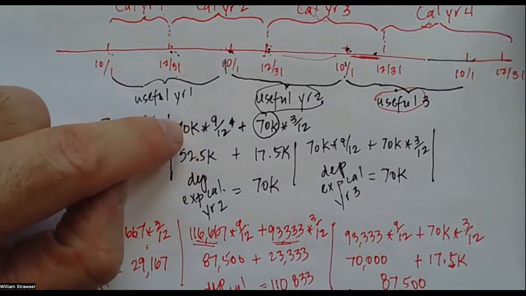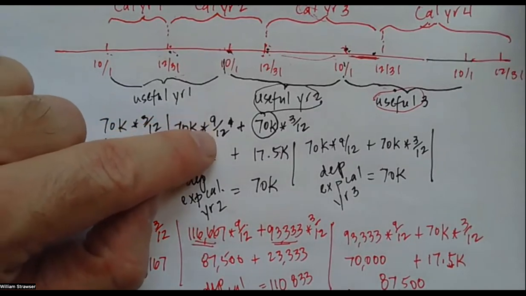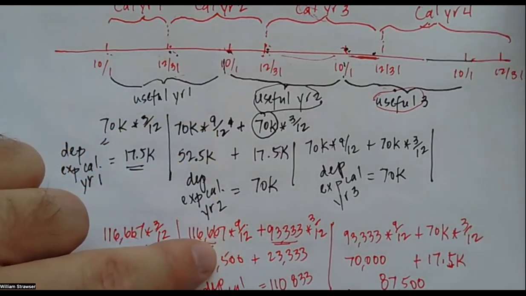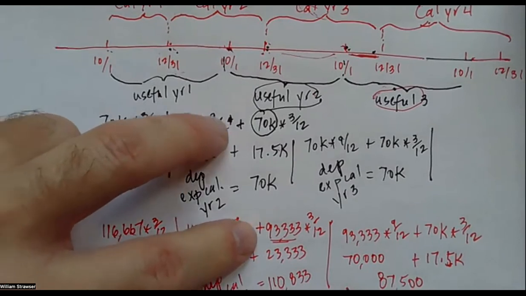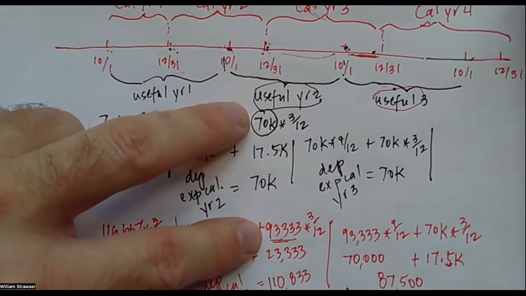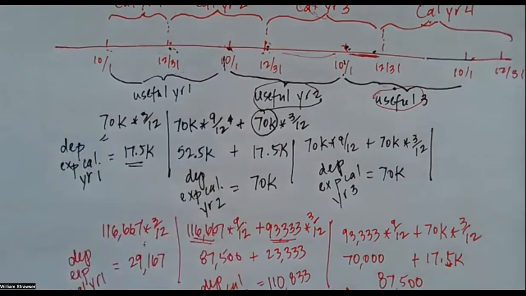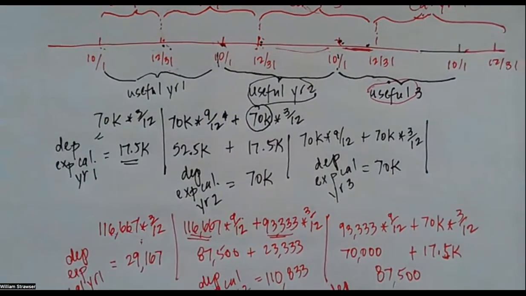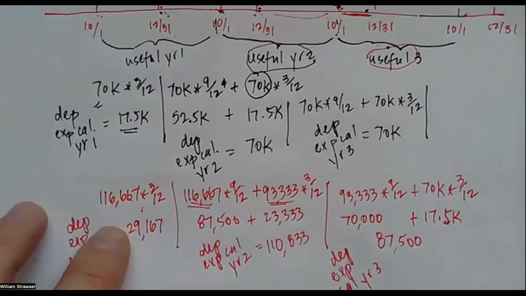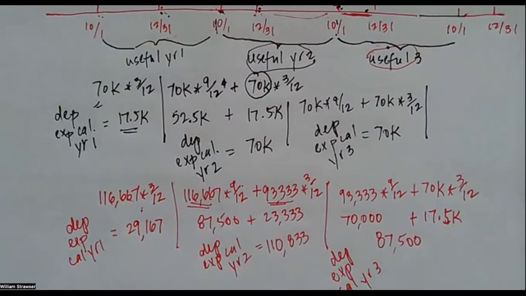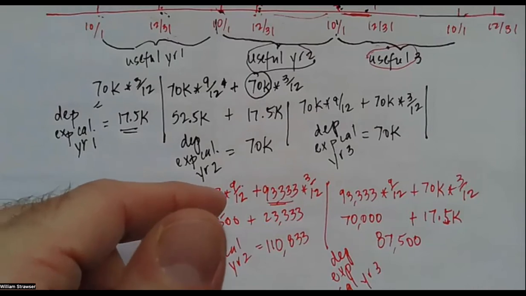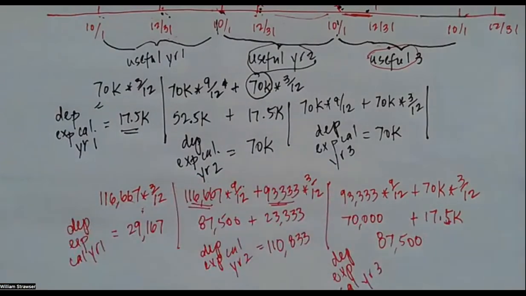So then the next year, we're going to have 9/12 of it remaining before we move into the second useful year's estimate. I know it gets very tongue-tied thinking about calendar years and useful years, but if you walk through it a few times, maybe use your own terminology, your own way of explaining it to yourself, so that you understand how these expenses are getting allocated out over the time.